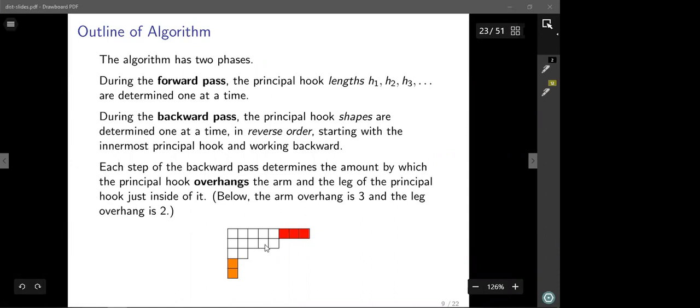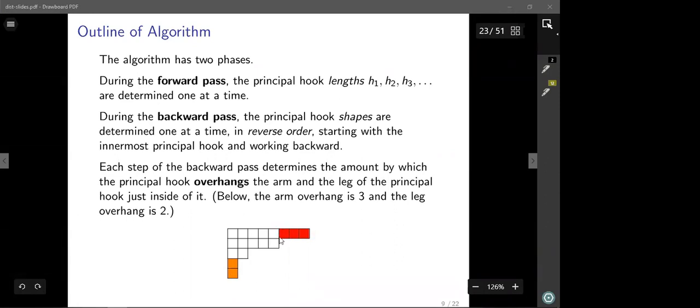Let me mention one other point about the backward pass, just to illustrate. Imagine that we have a partition with two hooks. Suppose that somehow we figured out that the second hook not only has hook length 5, but there are actually 4 boxes here and 1 box here. So that part is known, but we're not sure about the first hook. We know the total number of boxes, but we're not sure exactly how it's positioned. So it's equivalent to figure out how much of an overhang there is.